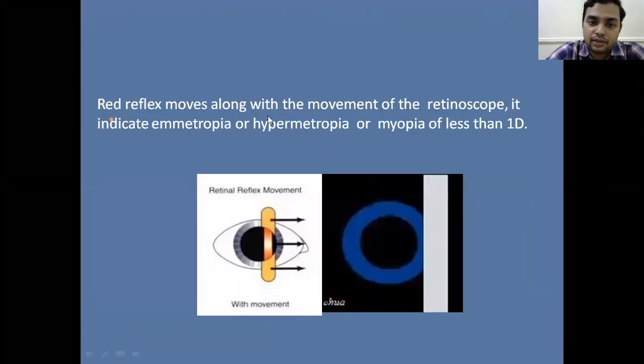If the red reflex moves along with the movement of the retinoscope, it indicates emmetropia or hypermetropia or myopia of less than 1 diopter. You remember these 3 points.